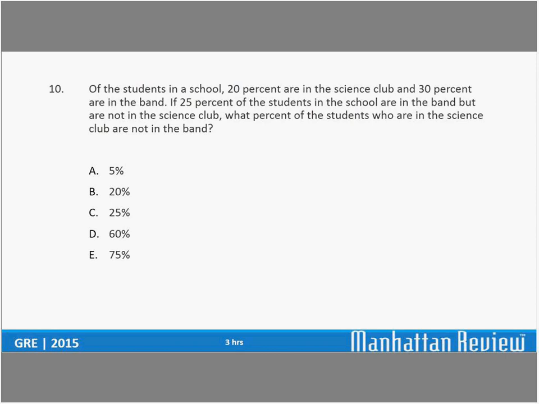Students in a school: 20% are in the science club, and 30% are in band. She is speaking of people who belong to two different categories. There are people who belong to the science club and people who belong to band.